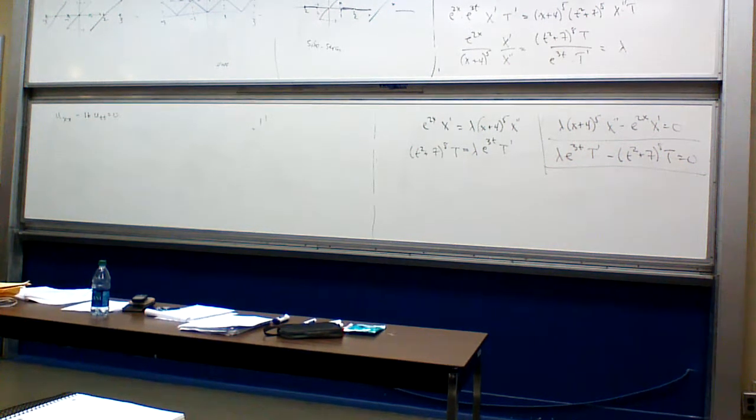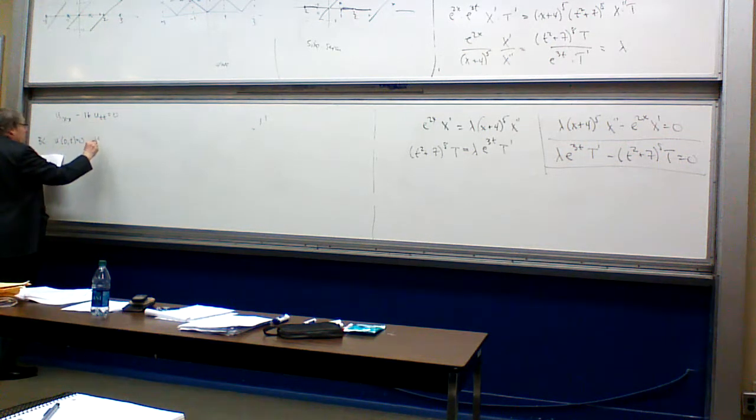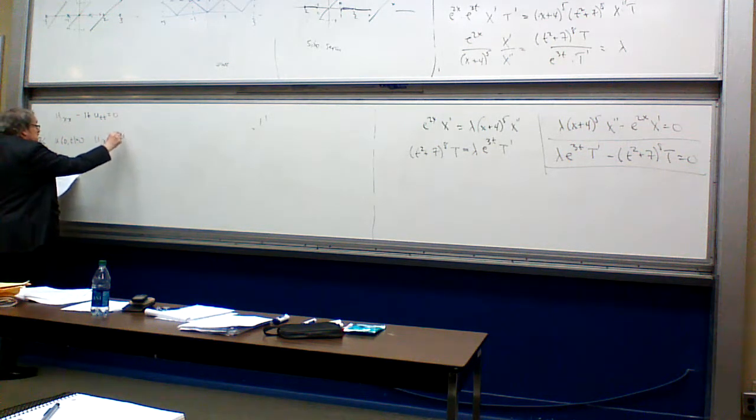Second derivative with respect to x minus 16 second derivative with respect to t is 0. Boundary conditions: u of 0 and t is 0, u of 1 and t is 0.